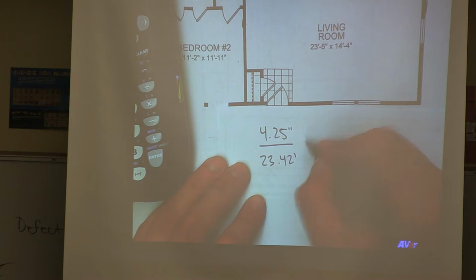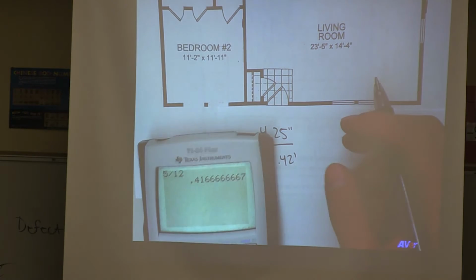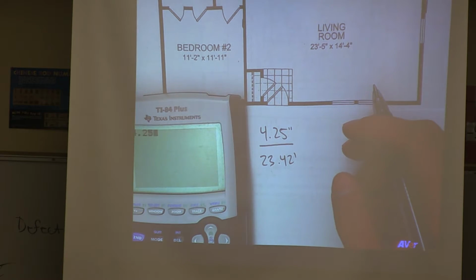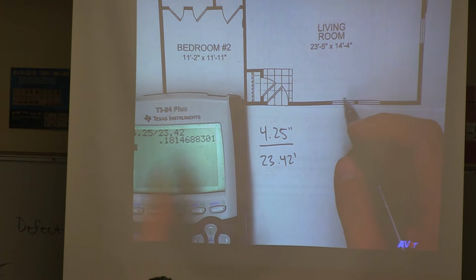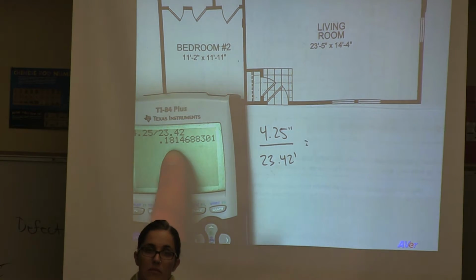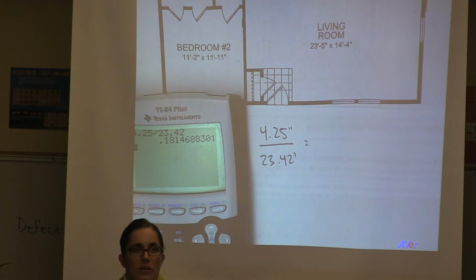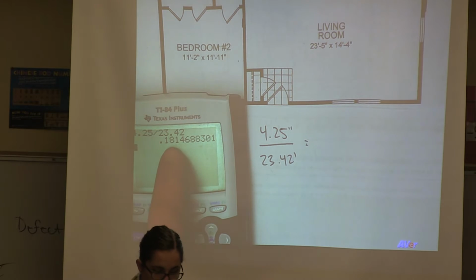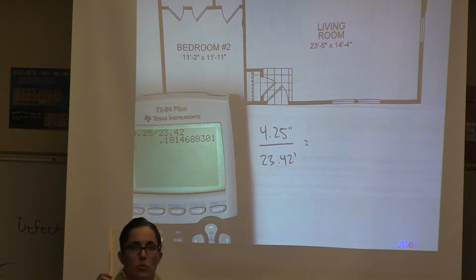So that means if I divide 4.25 by 23.42, this tells me how much of an inch represents 1 foot. This means that 0.18 inches represents 1 foot.